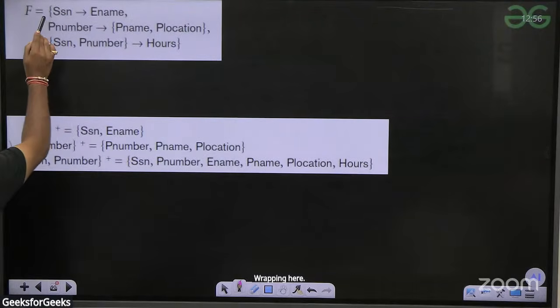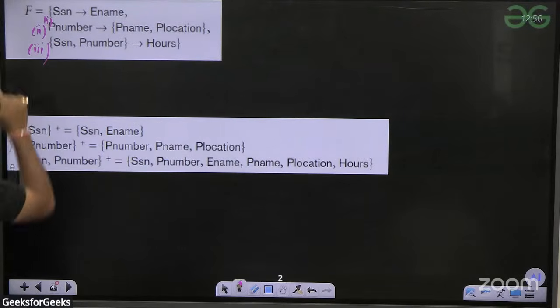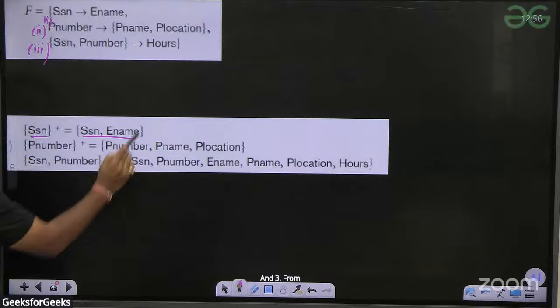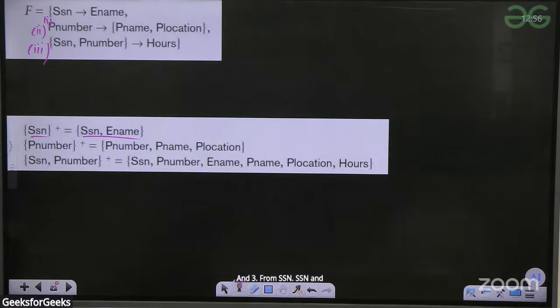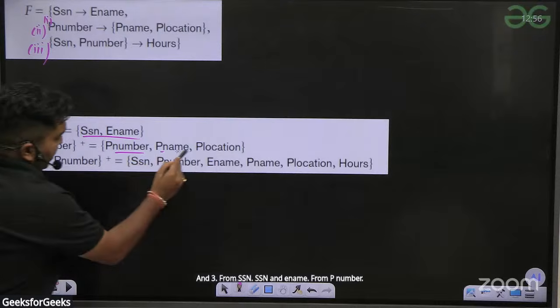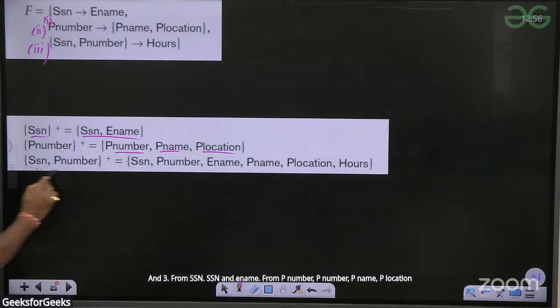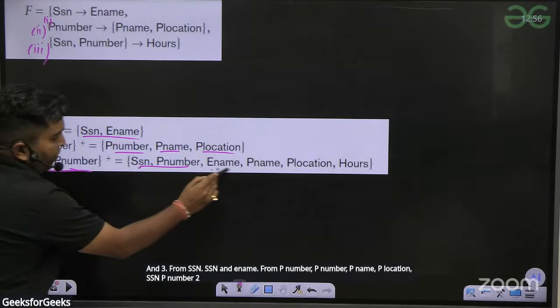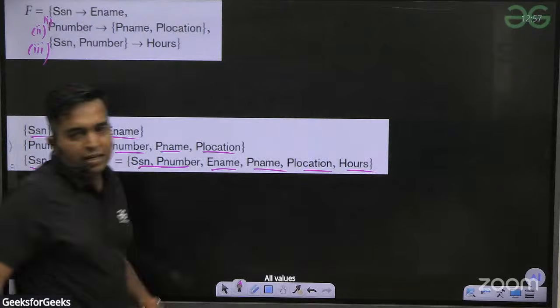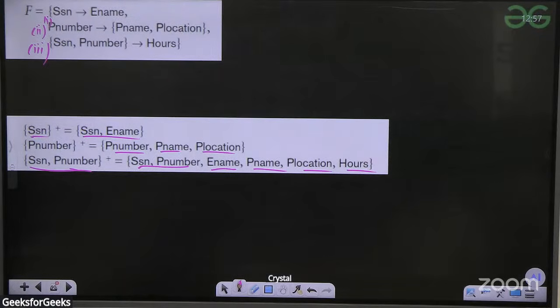These FDs are given, FD number 1, 2 and 3. From SSN, E name. From P number, P name, P location. SSN, P number 2, all values. Crystal clear? Can we start the next question?